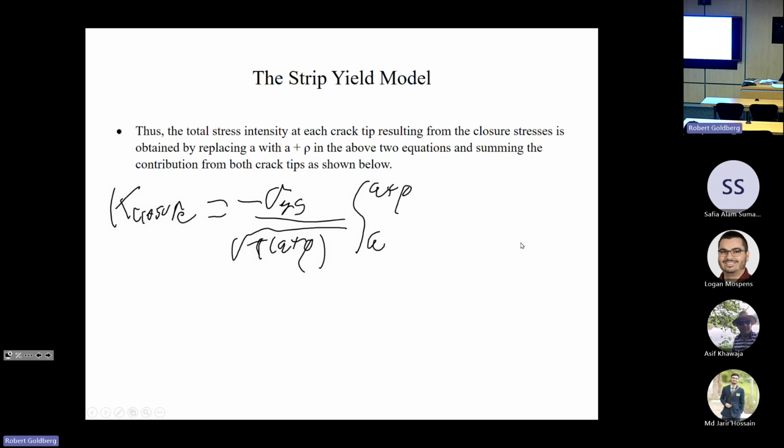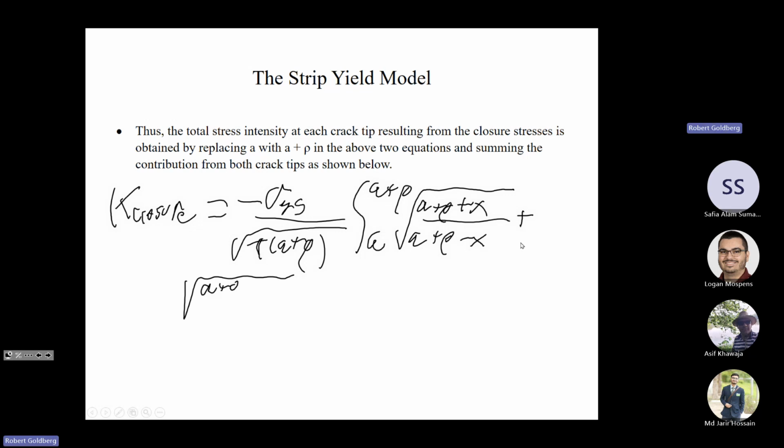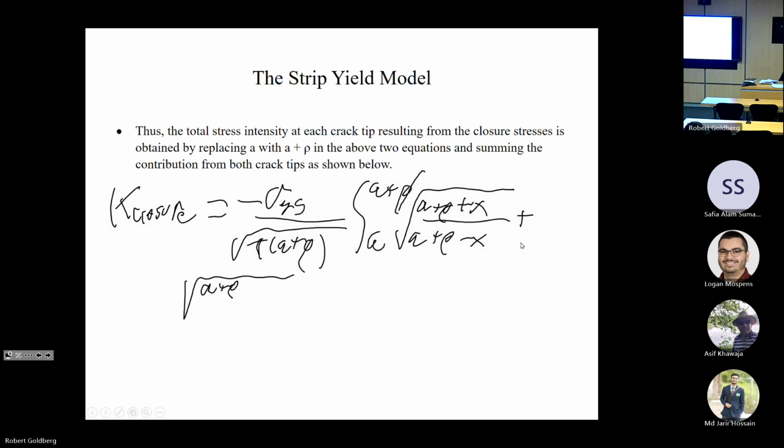So we're just integrating over the plastic zone, replacing a with a plus rho: the square root of (a plus rho plus x) over (a plus rho minus x), plus, down here, the square root of (a plus rho minus x) over (a plus rho plus x), dx.